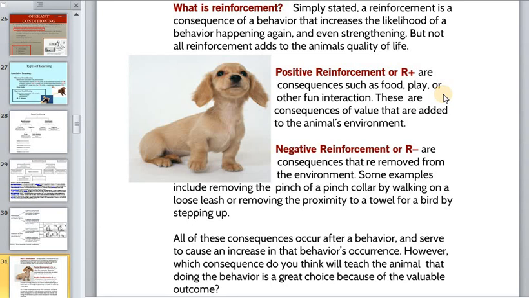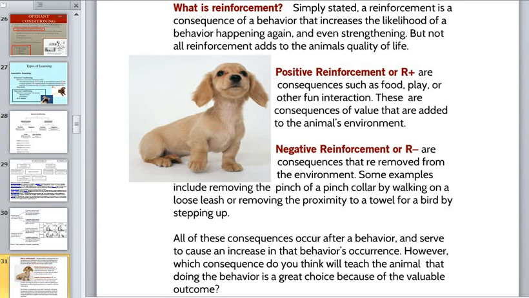These are consequences that are added to the animal's environment, and negative reinforcers are consequences that are removed from the environment. Some examples include removing the pinch of a pinch collar by walking on a loose leash, or removing the proximity of a towel for a bird by stepping up.